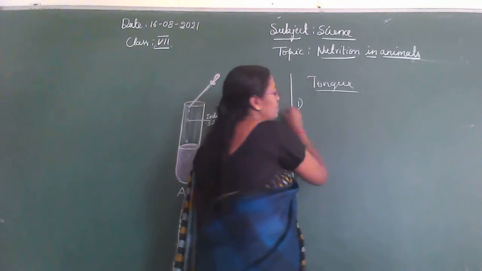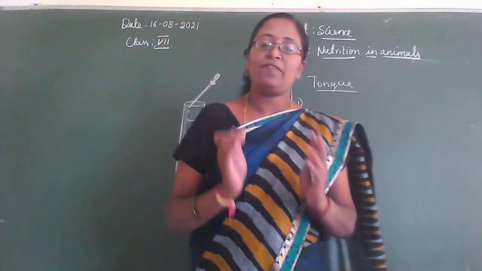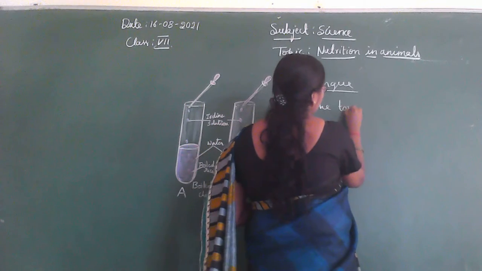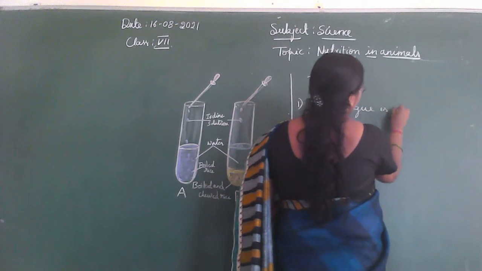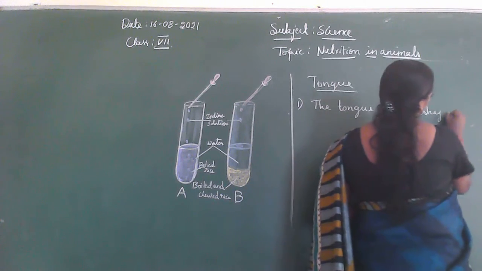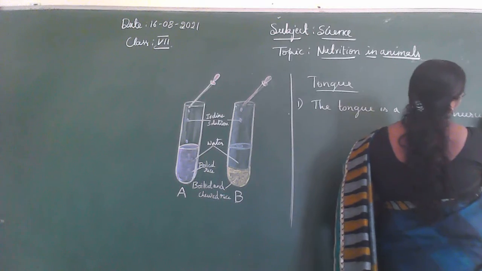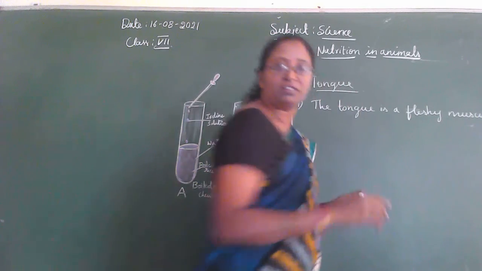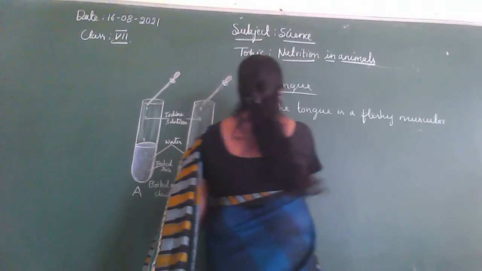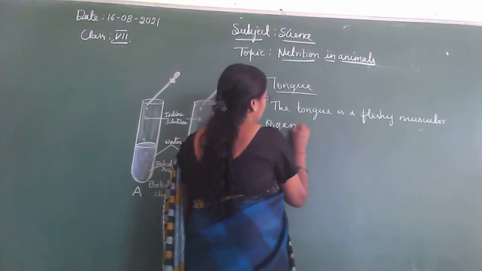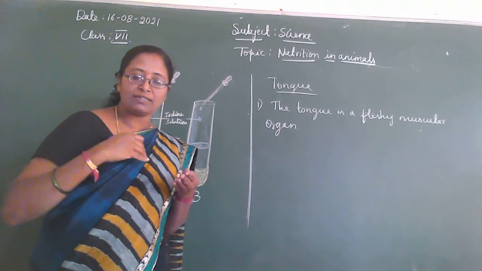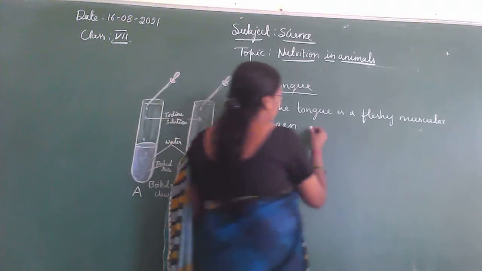Our tongue is a fleshy muscular organ. It is attached at the bottom, at the back, is it, children?